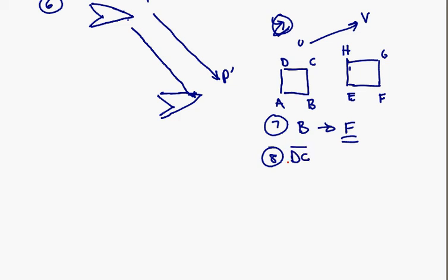DC is the pre-image, and so HG is going to be the image.